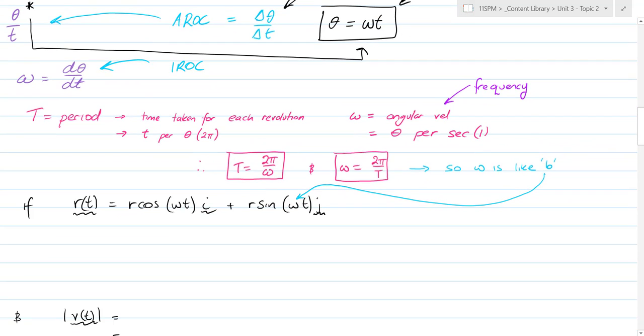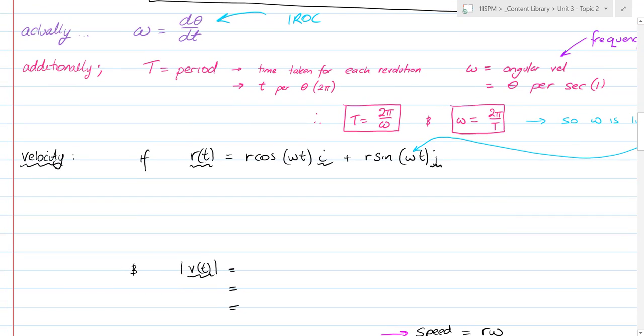Like b, and so we have, instead of saying r cos theta, we say that the position vector is equal to r cos of angular velocity times time, because that gives us a value for our angle that we travel, plus r sine of angular velocity times time. You still have to be careful here with your initial positions though.